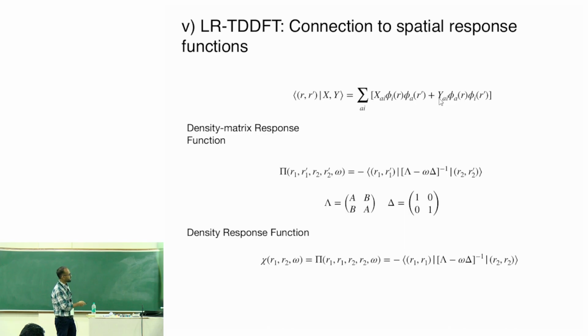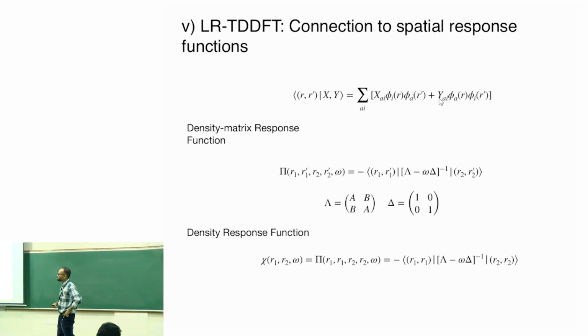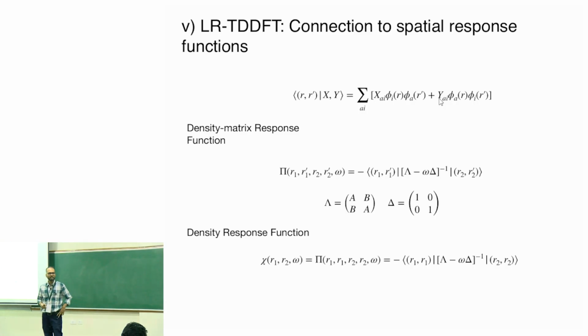Okay, so chi(r1, r2, omega) is going to be pi(r1, r1, r2, r2). So when r1 is equal to r1' and r2 is equal to r2', you're going to get your density response function. Okay, so if you were to compute the density matrix response function, you're going to get the density response function for free. So all the information is already there in this particular case.